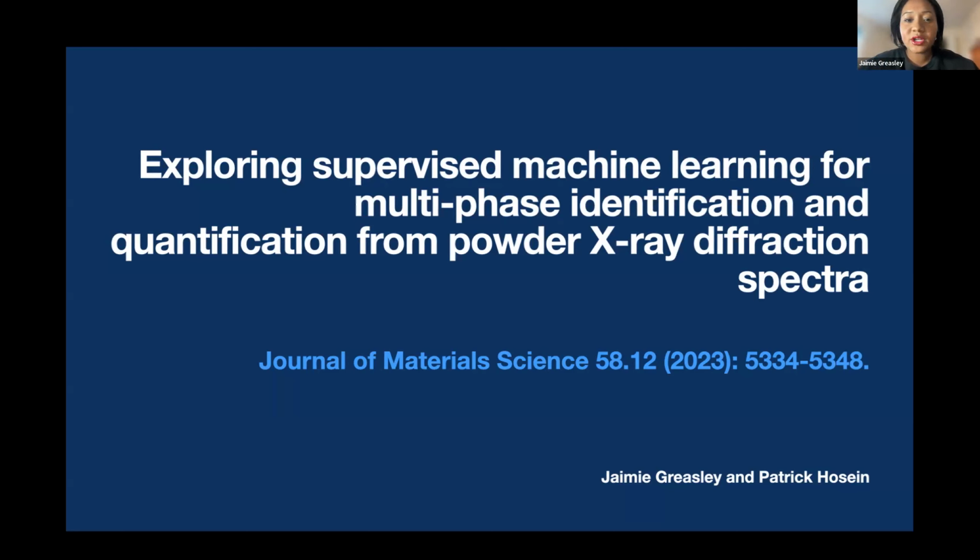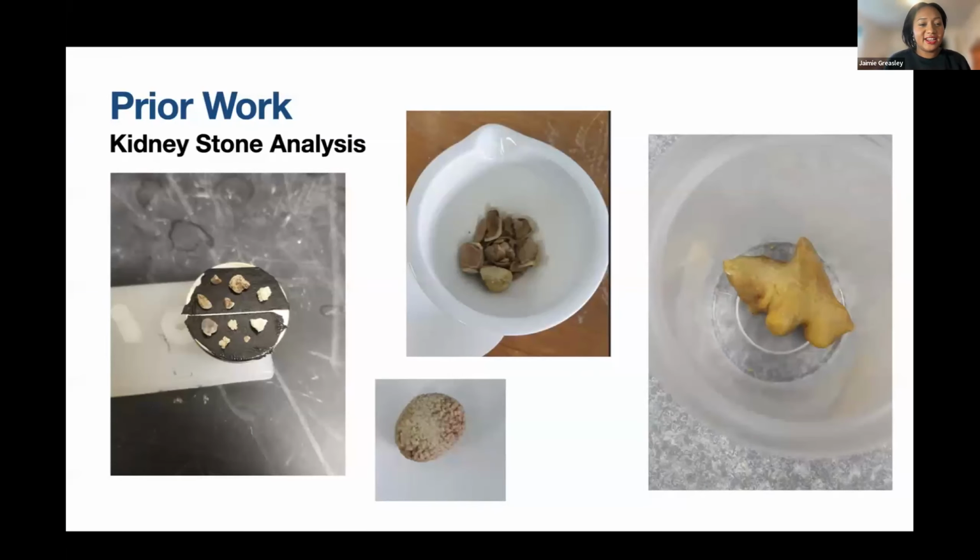So the paper I'm going to present, well, two papers actually, has this long title, which I'll explain, but first let me get into what I was doing before. At the end of my master's I was mostly concerned with analyzing kidney stones. Kidney stones are highly crystalline, so some pictures here.